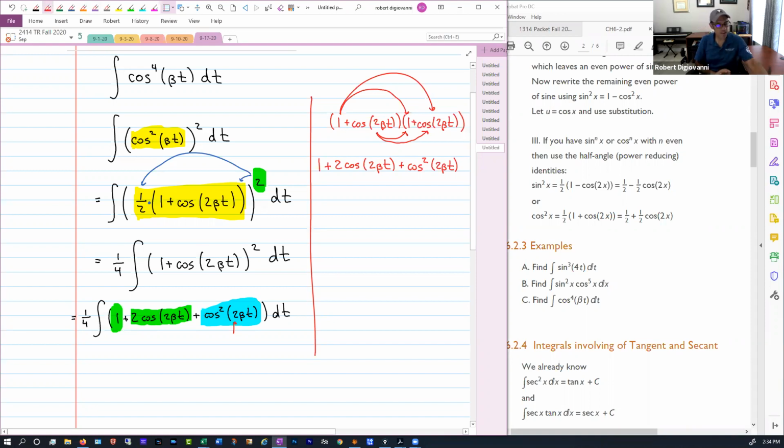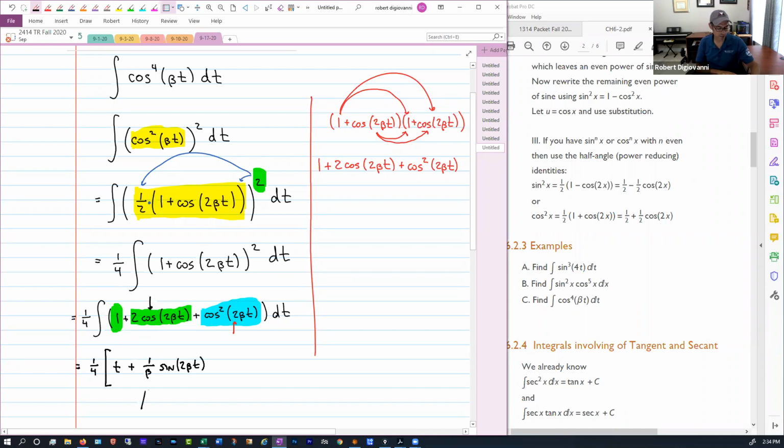So let me just take this to the next step, okay? This is going to be equal to 1/4, and then the antiderivative of 1, which is t, plus, let's see, the antiderivative of cosine is sine, but then I have to scale by 1 over 2 beta, but I already had a 2 out there. So this would just be 1 over beta sine of 2 beta t.